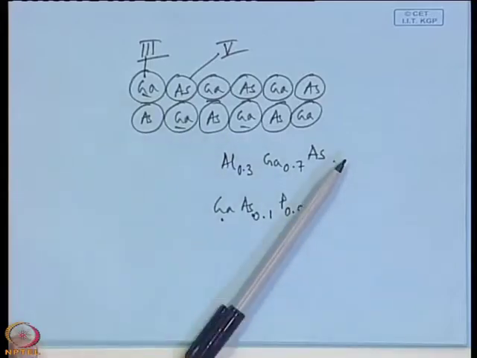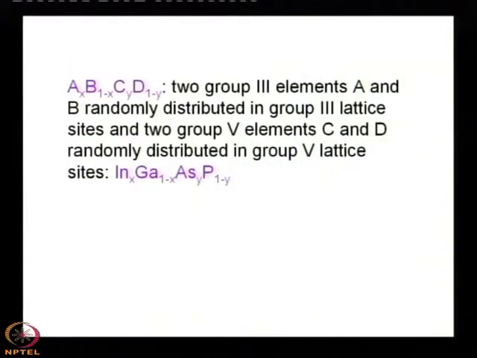Okay. It can be other types of things, say quaternary, that means 4 elements are involved here. You see 4 elements are involved: 2 group 3 elements A and B and 2 group 5 elements C and D. So, they are randomly distributed.